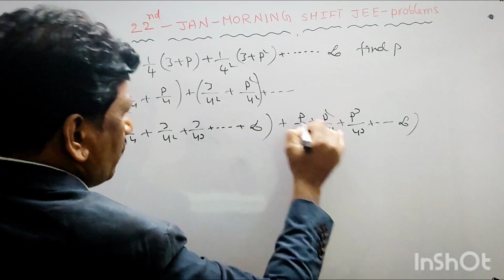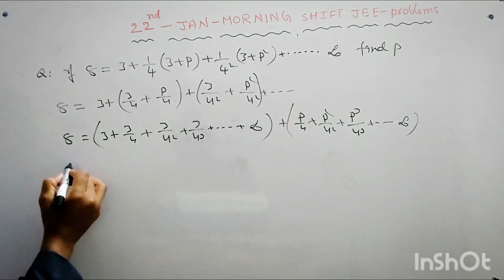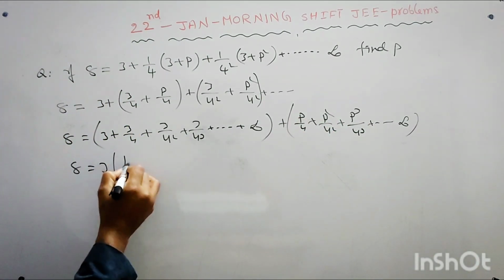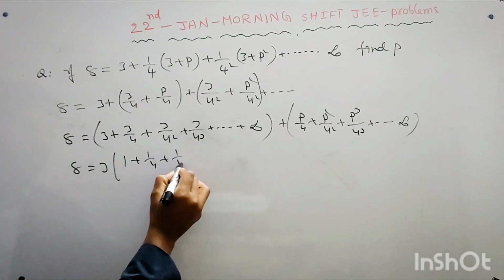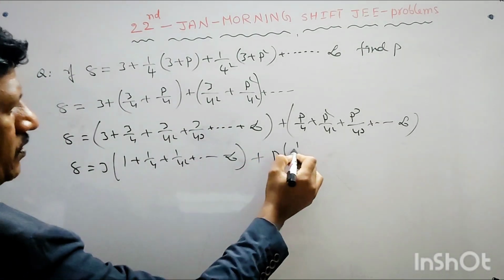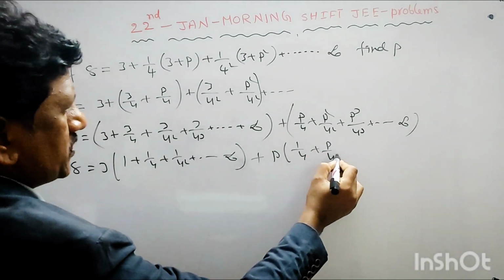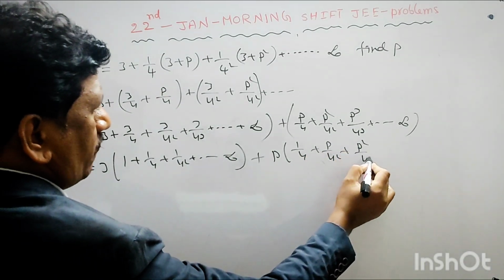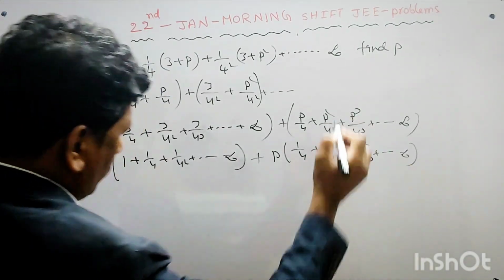This series also will continue till infinity. Then here 3 common, you will get 1 plus 1 by 4 plus 1 by 4 square till infinity. Here also p common, 1 by 4, p by 4 square, and p square by 4 cube till infinity.